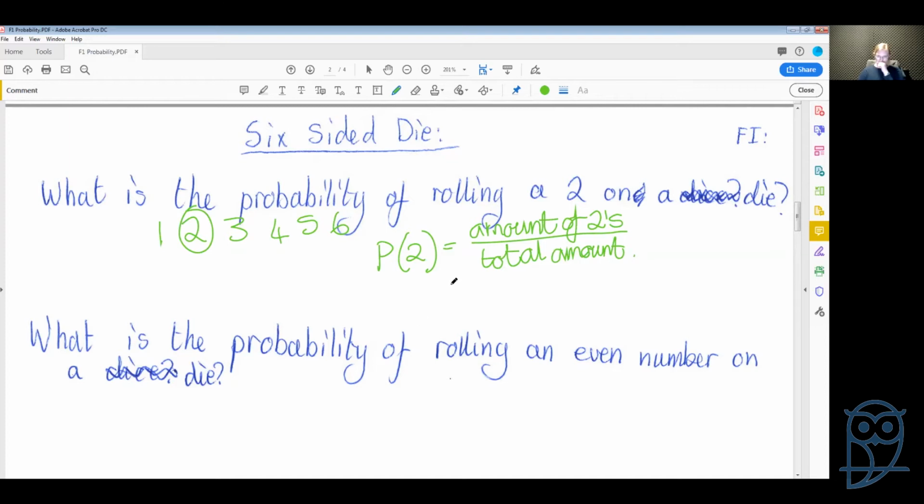So the amount of 2s there is 1, and our total amount there is 1, 2, 3, 4, 5, 6, 6 different outcomes. So our probability of rolling a 2 is 1 over 6.